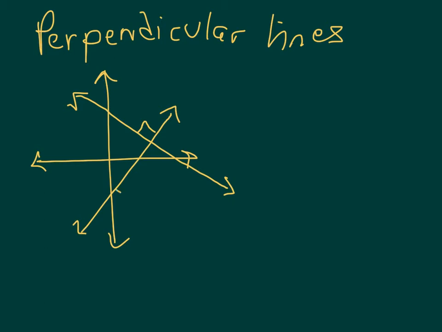And if I was to extend this and start putting points on these lines, I would notice that my slope, as I count rise over run here and then rise over run here, my slopes are what are called negative reciprocals.